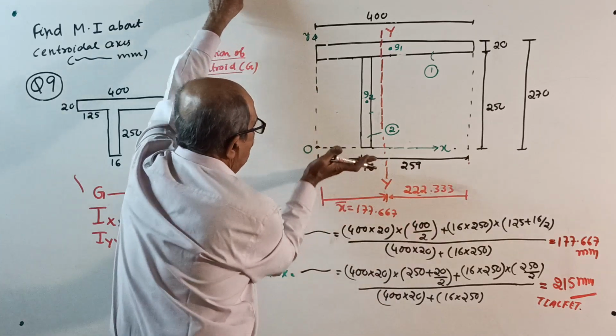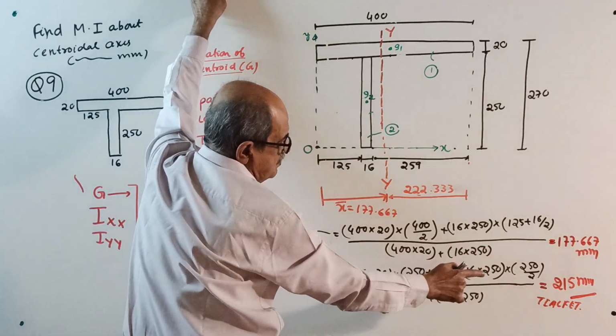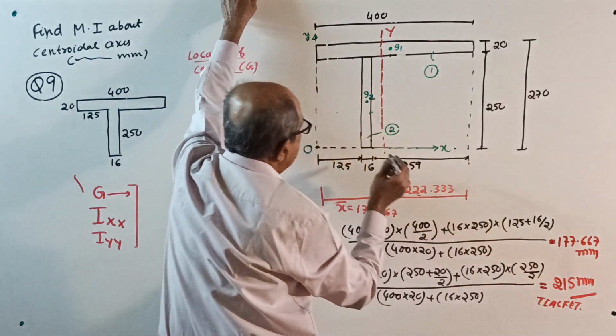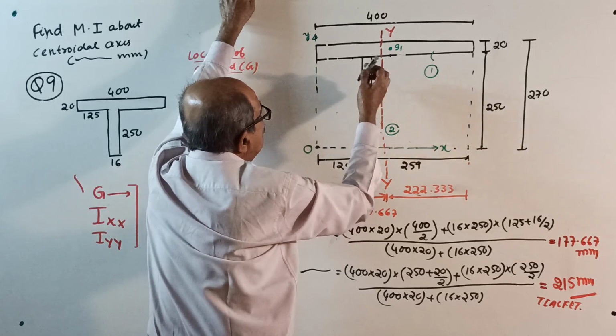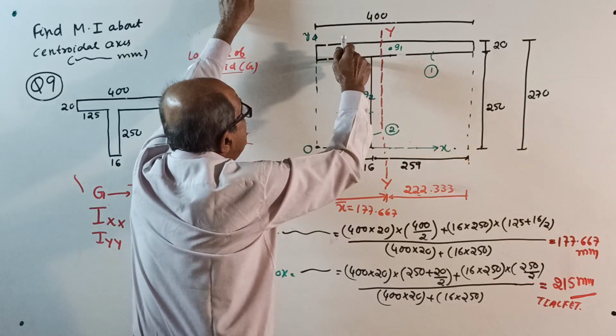Okay, now Y bar, how much? You got a round number, 215. See, this is 250, center is 125, so the centroid is a little above, somewhat near the junction here. Exact scale is not possible.